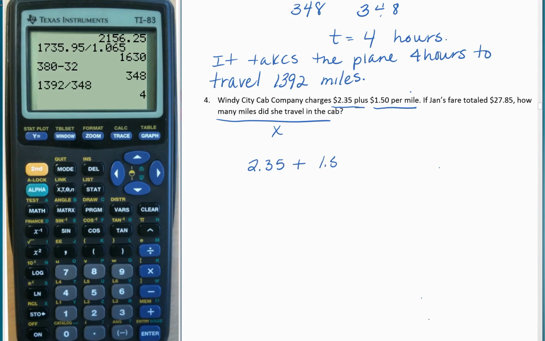So we're going to do $1.50 times the number of miles. And we know the total was $27.85. Okay, very simple linear equation to solve here. The first thing we're going to do is subtract 2.35 from each side.